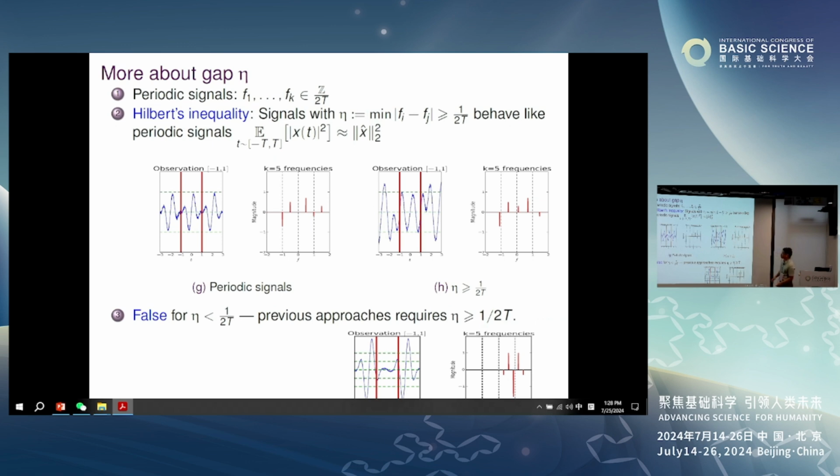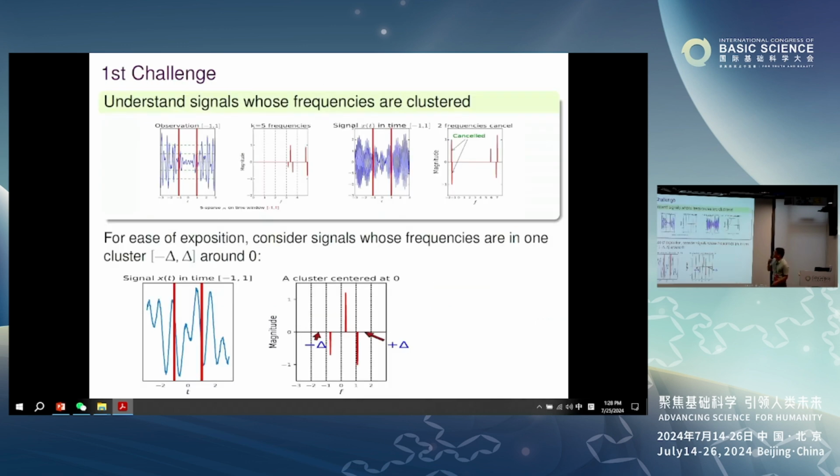So back to our problem. We want to understand the signals whose frequencies are not separated. We will call them clustered. Clustered means the frequencies can be very close to each other.